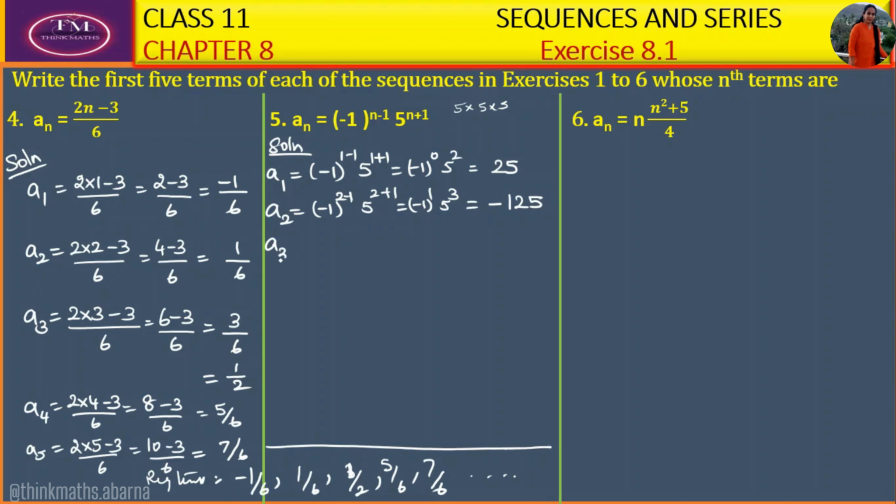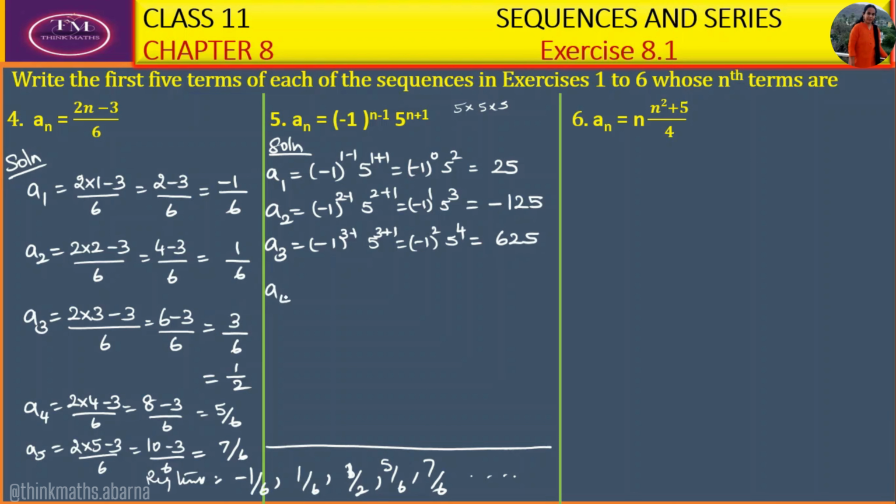Next, A3 is equal to minus 1 to the power 3 minus 1, 5 to the power 3 plus 1. So, minus 1 to the power 2, 5 to the power 4. So, minus 1 whole square is positive. 5 power 4 is, you have to multiply 125 with another 5, which will be 625.